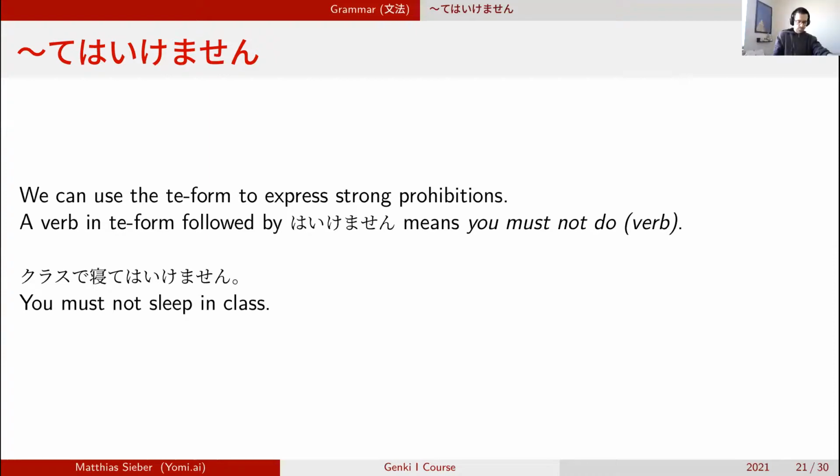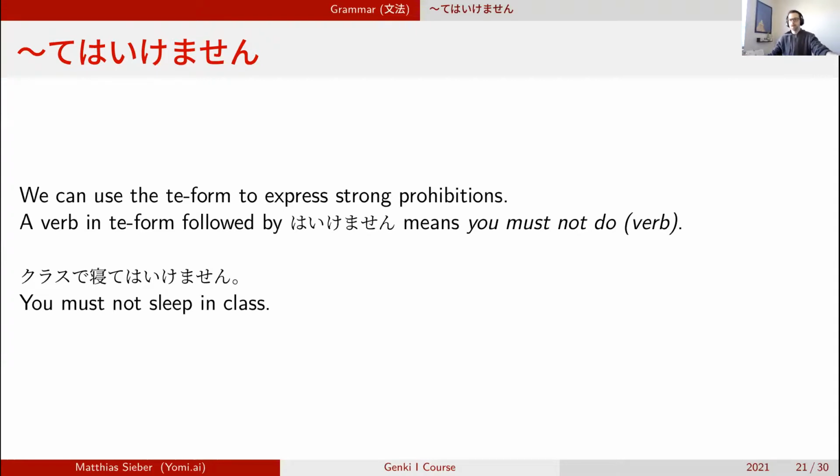Oh, it's motte kuru, the dictionary form, an irregular verb. So koinu o motte kite.